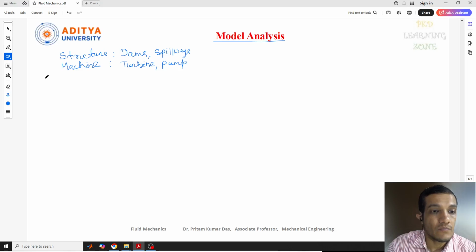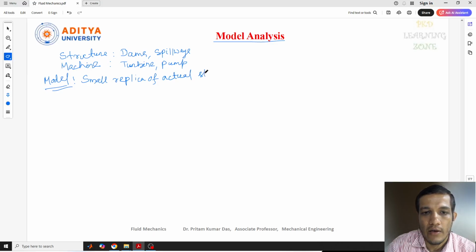So here in the model analysis, again it is a simple one. First, what is actually a model? A model can be considered a small replica of the actual structure. This is a small replica of the actual structure, or slash I can write machine, because two things I have told there.